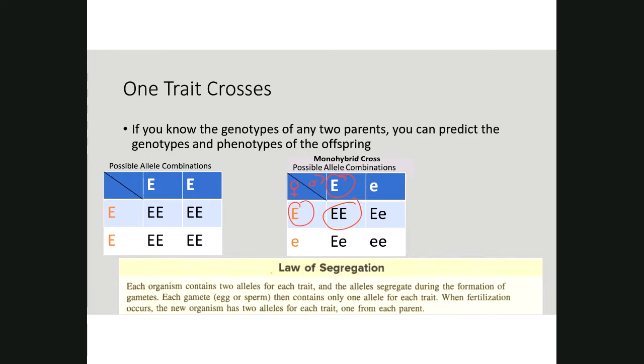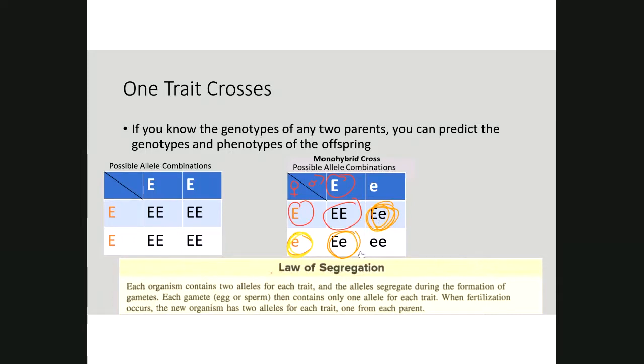If this particular type of sperm fertilizes this egg, then you get this combination. It's kind of the same thing as this, right? If this egg is fertilized by that sperm, you get the same thing. So these two are the same.